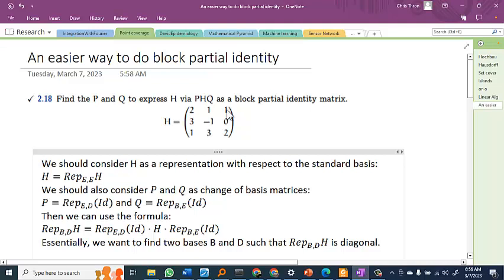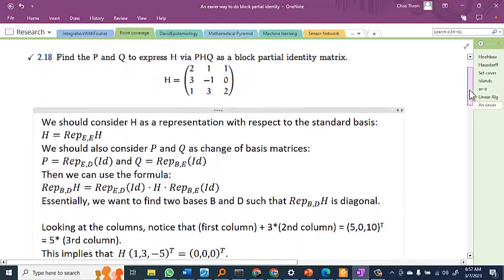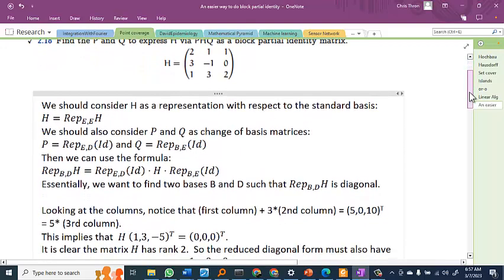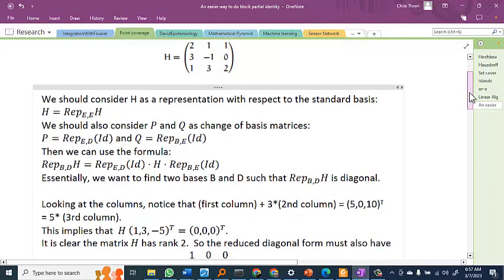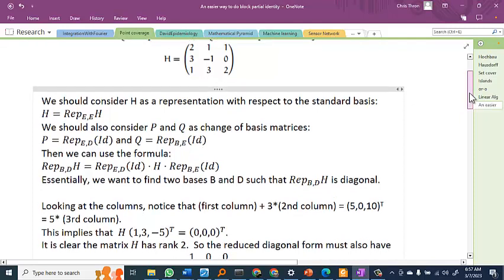So what I do is choose a basis that consists of the first two columns and some other vector. And then I need to choose my basis B so that the matrix representation is the identity.